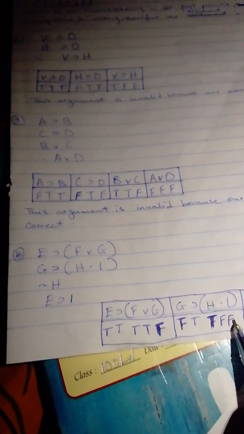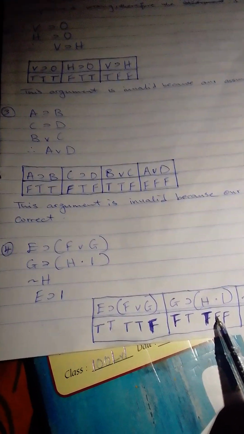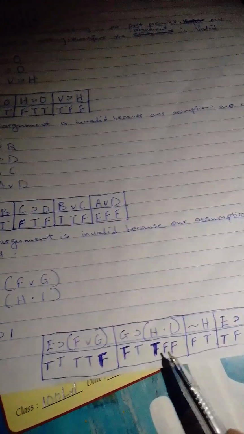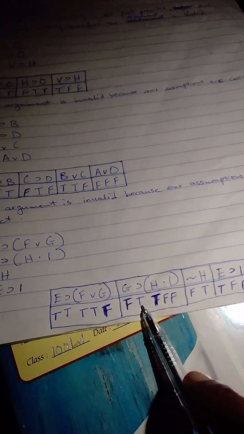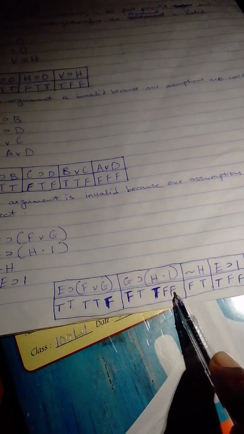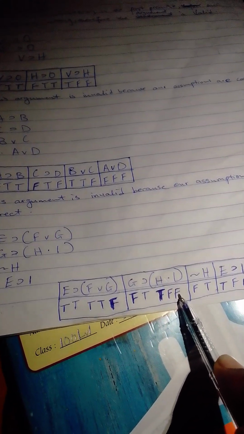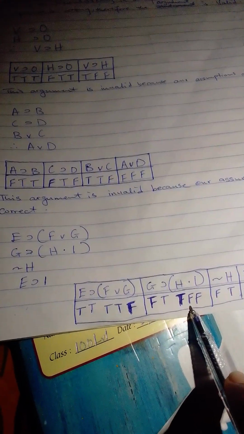Here cannot be true, because if here is true and here is true, here will be true. But because here is false, therefore we go with false. So false and false under conditional gives us true. Then true and false under a conjunction, this is a conjunction sign, gives us false.